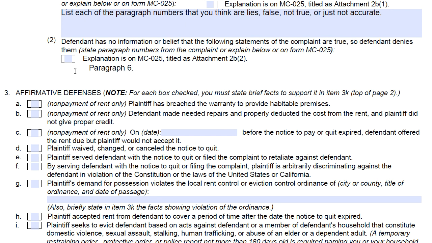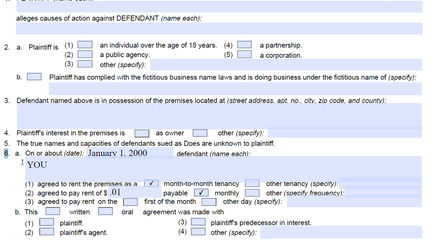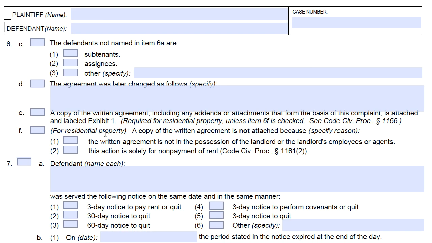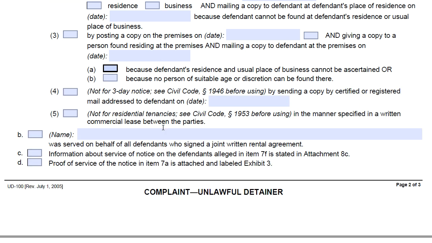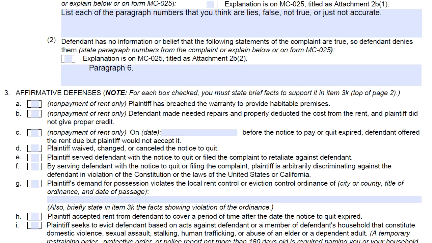That way the judge knows that you are specifically taking issue with paragraph 6. And then you would do that all through the rest of the complaint, just noting each of the marked paragraphs. It goes on to the next slide, continue paragraph 6, 7. You just keep going through all of them, marking down the ones that you disagree with. Okay, back to your answer.